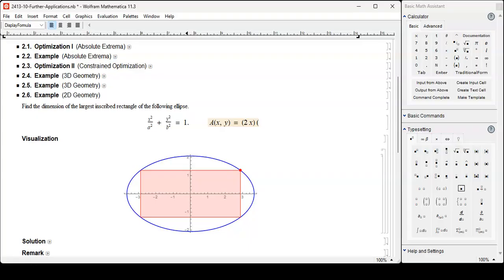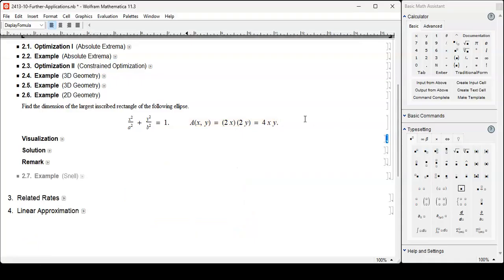2x times 2y, 4xy. So there's the constraint condition, and here's the objective function. Solve for one variable, plug into the other, and then run your calculation. If you do it right in the end, you're gonna get this.